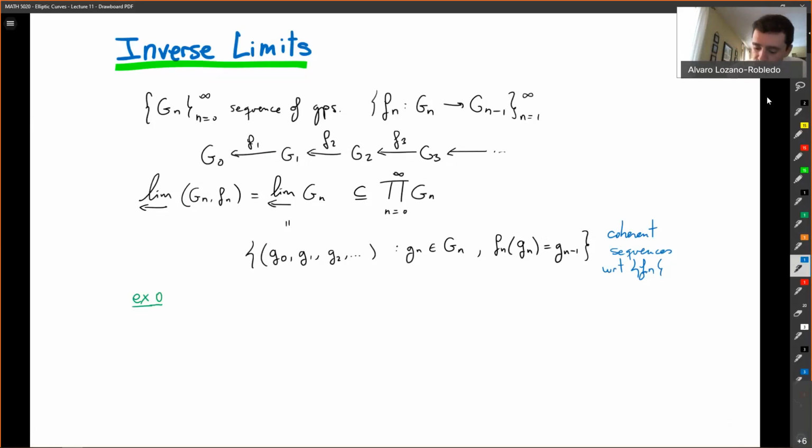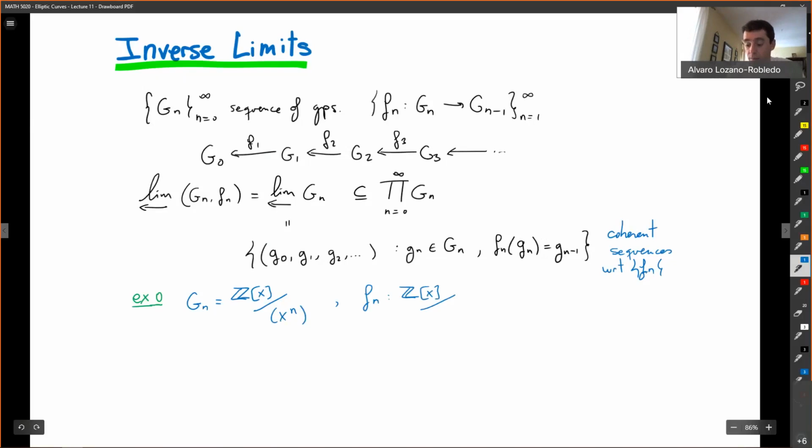So I'm going to take my Gn's to be integers modulo powers of x. Okay, so that is a group under addition, right? And then my maps, my Fn, go from polynomial rings modulo the nth power of x down to polynomial rings modulo the n minus 1th power of x.